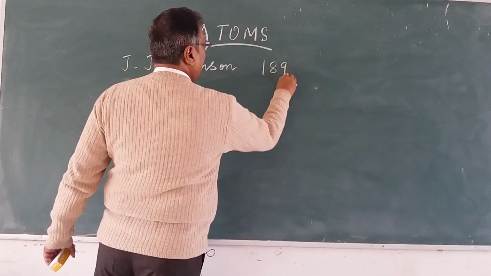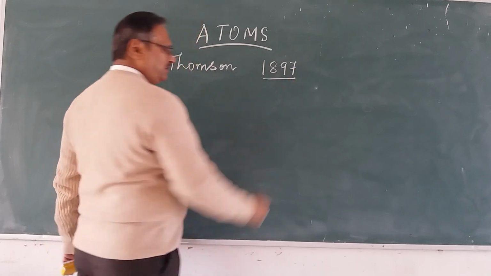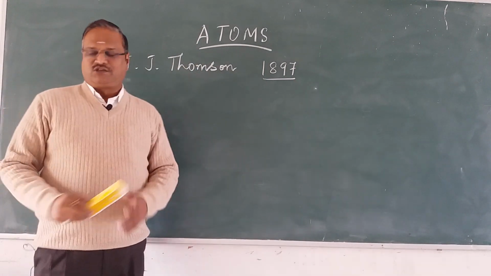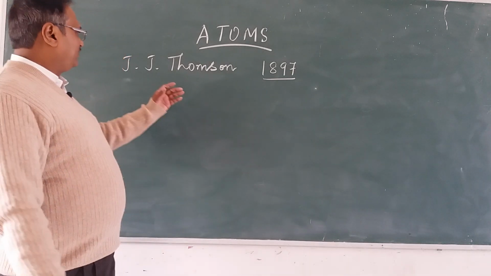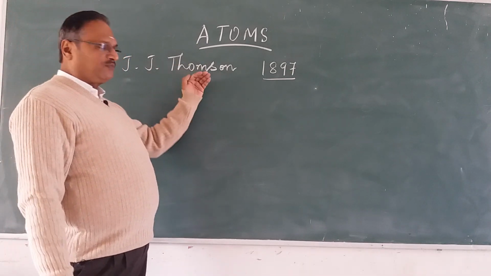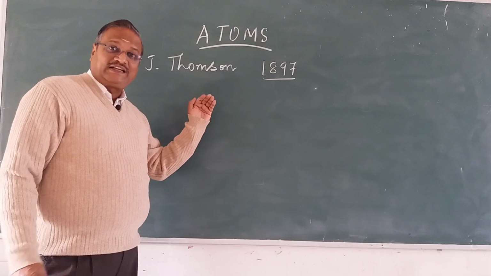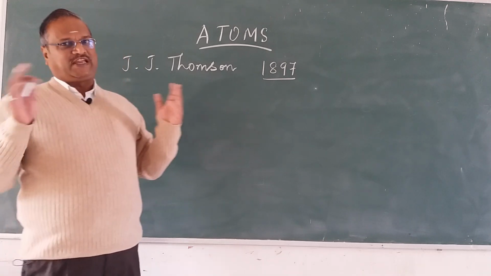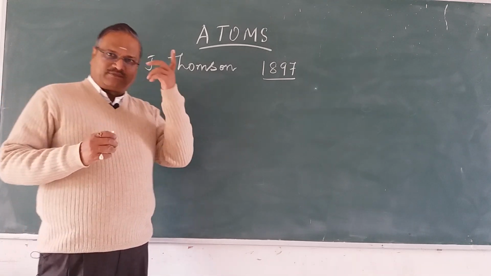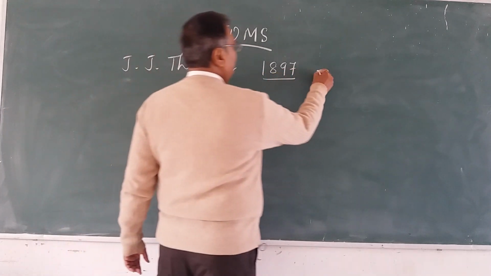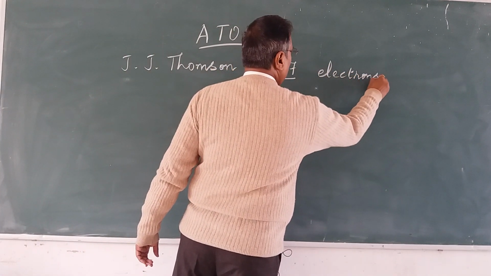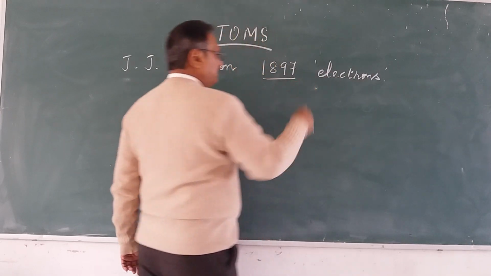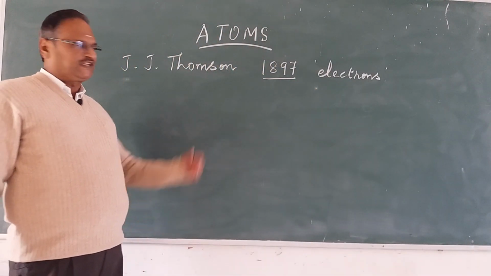Till then, the atom was supposed to be unbreakable, according to John Dalton's atomic theory. Now J.J. Thomson says that the atom is breakable, and the first particle he found was the electron.